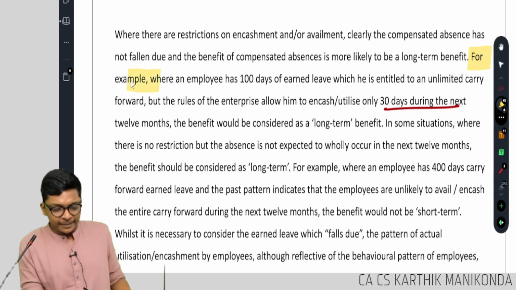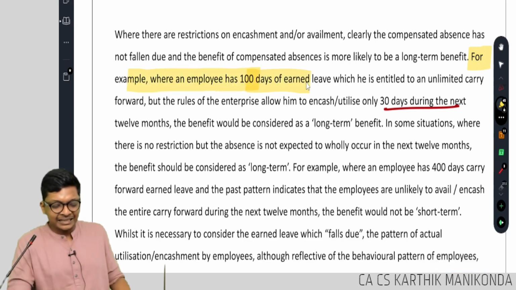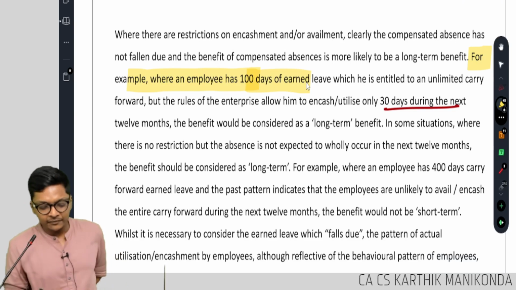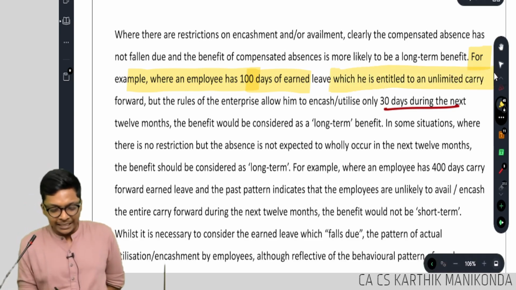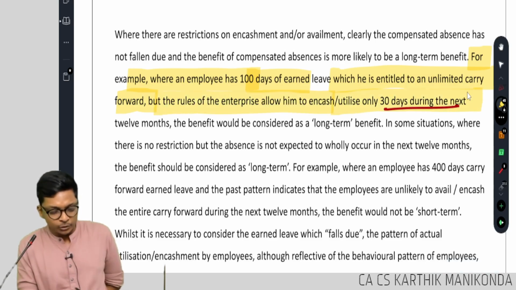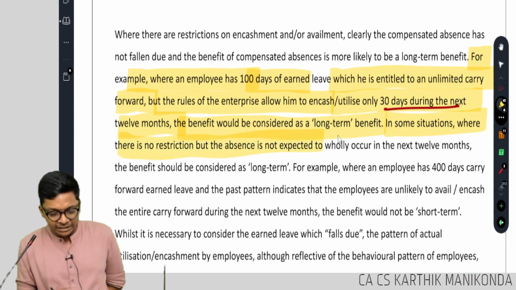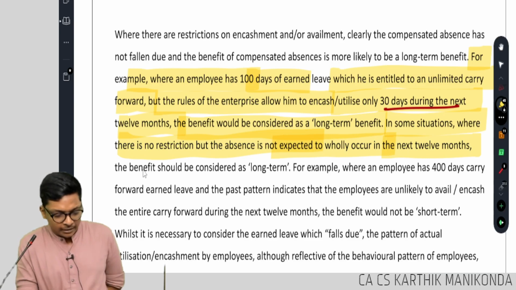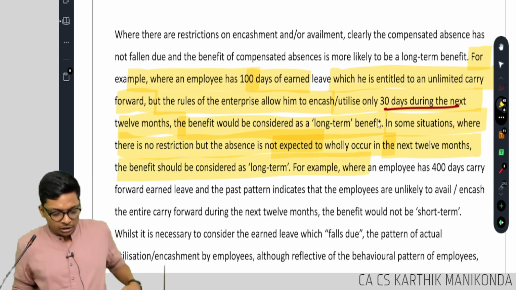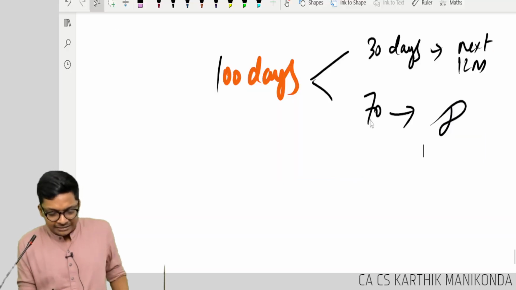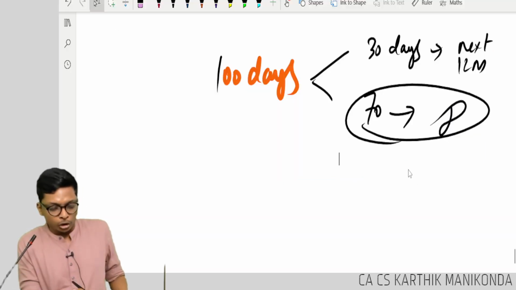For example, where an employee has 100 days of earned leave which he is entitled to carry forward without limit, but the rules of the enterprise allow him to encash only 30 during the next 12 months, the benefit will be considered long term in some situations where there are no restrictions, but the absence is not expected to wholly occur in the next 12 months. The benefit should be considered long term. Here he is trying to say this 70 will be long term.